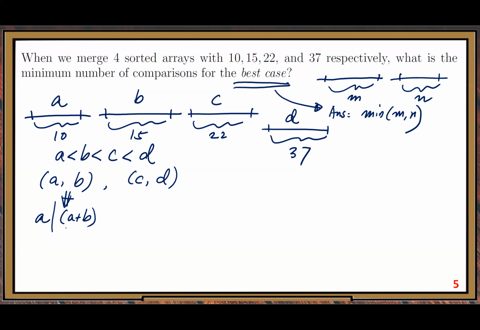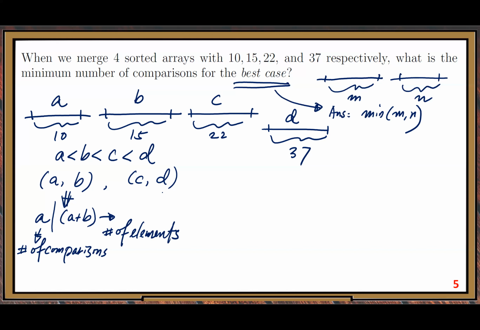So here I need these two numbers: number of comparisons on this side, number of elements on this side.